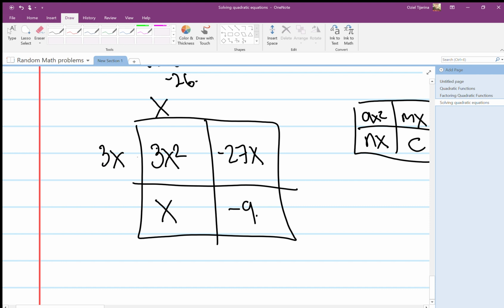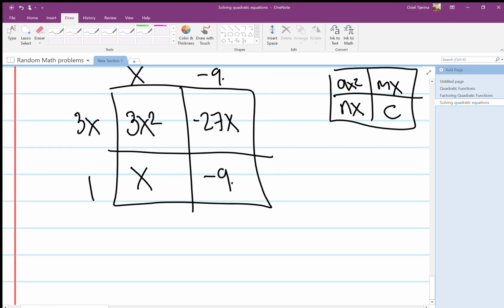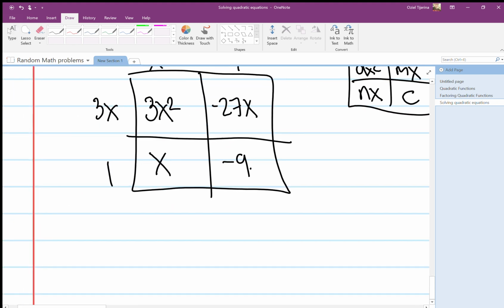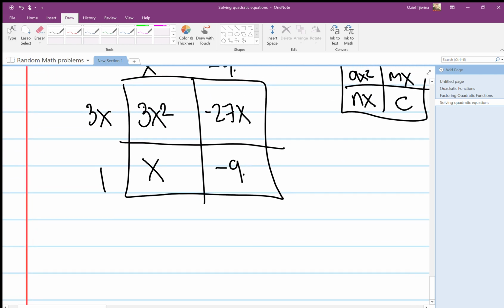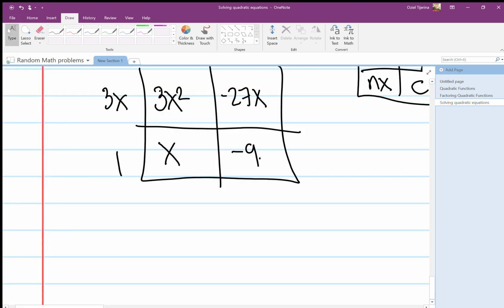That way it's cleaner, and it's 3x times x, that's 3x squared, and then x times something will give us x, so then it would be times 1, and then we have negative 27x divided by 3x, that's going to be negative 9x, and then 1 times negative 9 is negative 9. So that's how the box works again, if you watched my previous video.